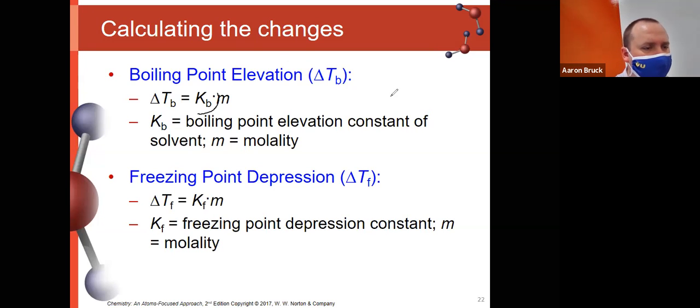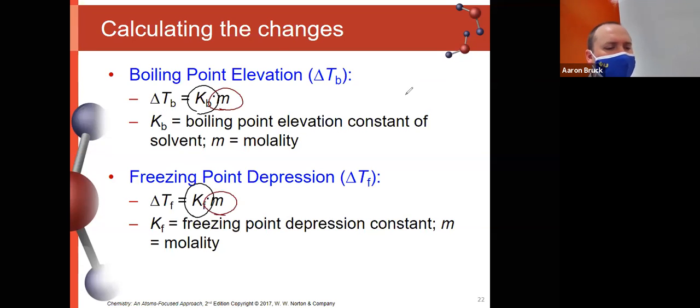The first of which is a constant: Kb for boiling point elevation, a constant related to the identity of the solvent, and Kf for freezing point depression, again related to the solvent. The other factor is molality, and molality is just a concentration.